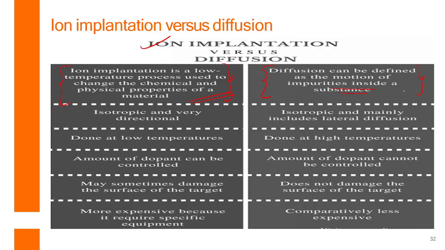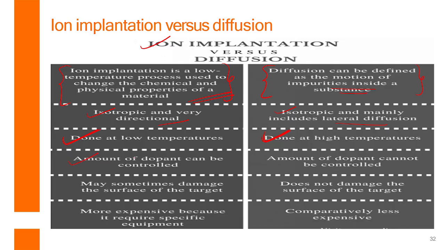We diffuse the impurities inside the substance, and this is isotropic, mainly including lateral diffusion, whereas implantation is very directional. Implantation is done at low temperature, and diffusion is done at high temperature.